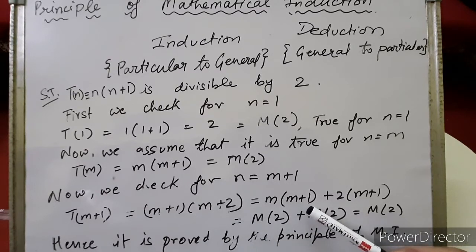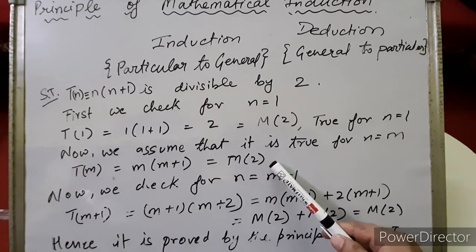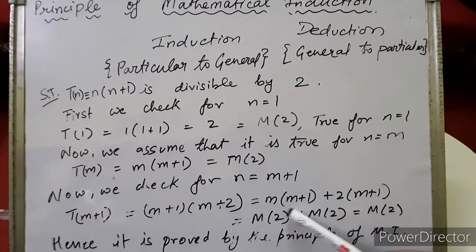Now pay attention here. This m into m plus 1, we have assumed that it is a multiple of 2. That means in place of m into m plus 1, we can write 2 into a bracket, that is a multiple of 2. This we have assumed. And see this term, here it is written 2 bracket m plus 1. 2 into any natural number is a multiple of 2.